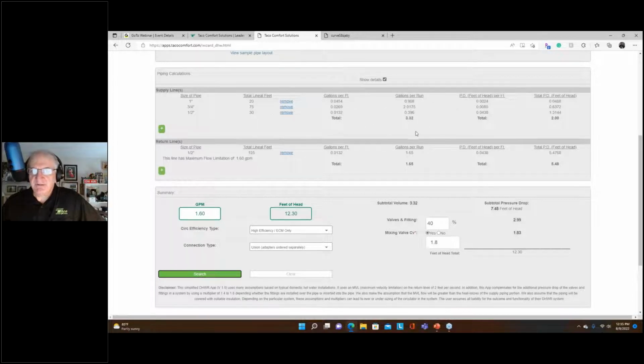Here's the total number of gallons, and it's 3.32. I don't particularly care how many gallons are in the return line. That doesn't make any difference. If I'm running at 1.6 GPM and that pump turns on, I will have that line filled with hot water in a little over 2 minutes.